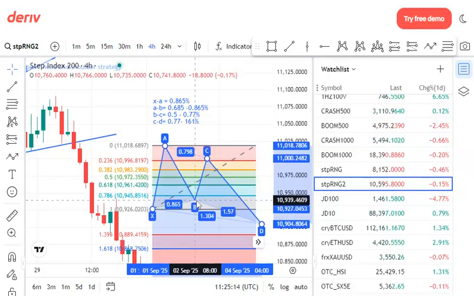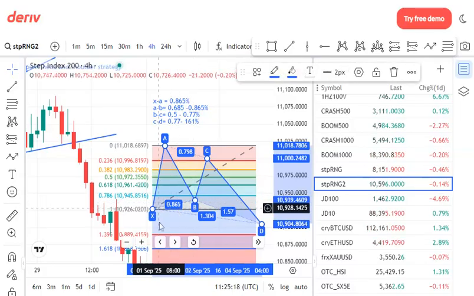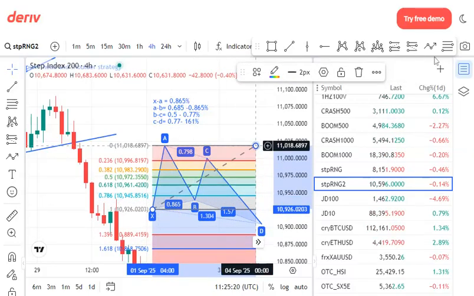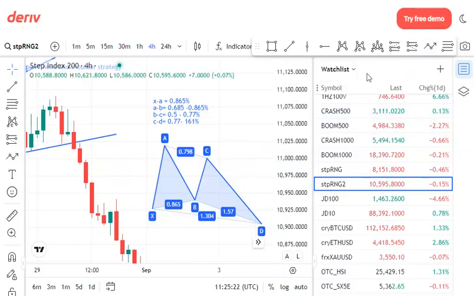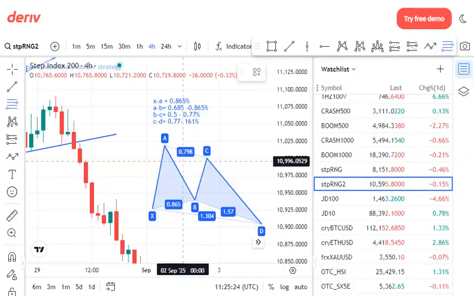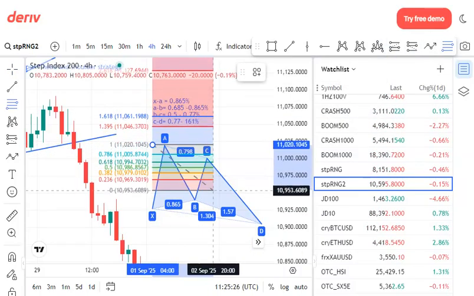Let's say 0.65 is the X to A. X to A, yes, this is the perfect point. When you see a cipher strategy, all these percentages ought to be met. Otherwise, you do not have a strategy.